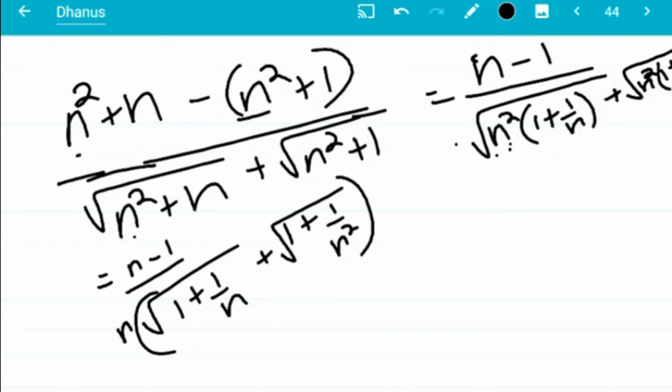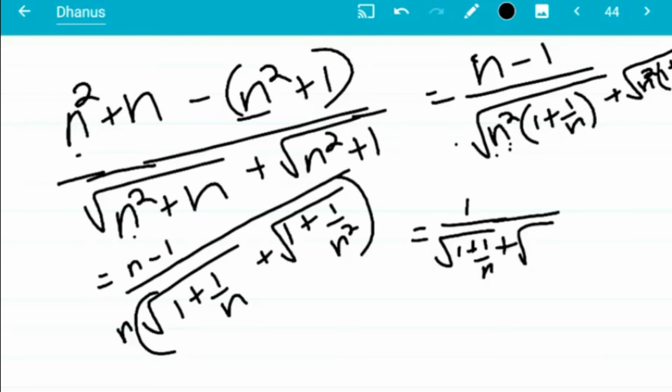And this is equal to, I am splitting the numerator, that will give 1 by root of 1 plus 1 by n plus root of 1 plus 1 by n square minus 1 by n into root of 1 plus 1 by n plus this term.